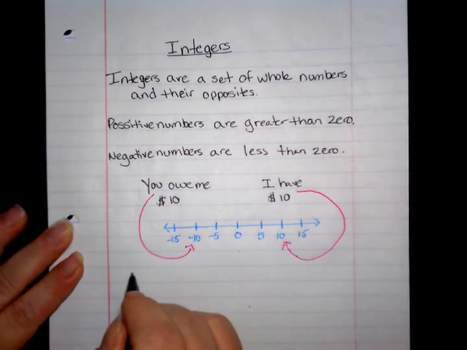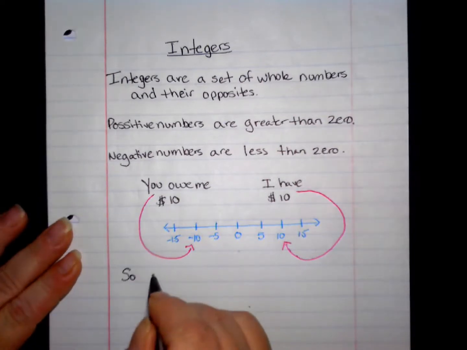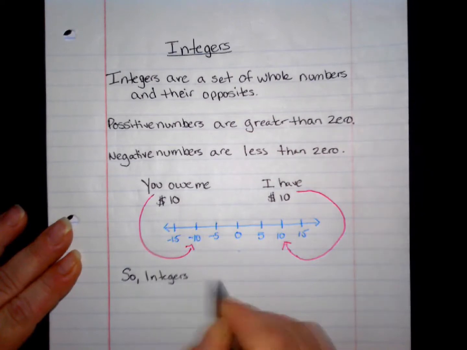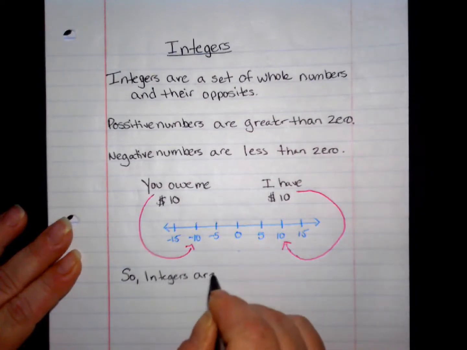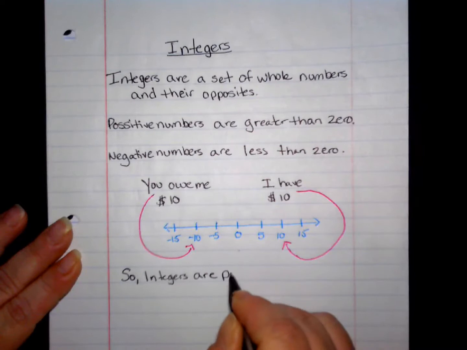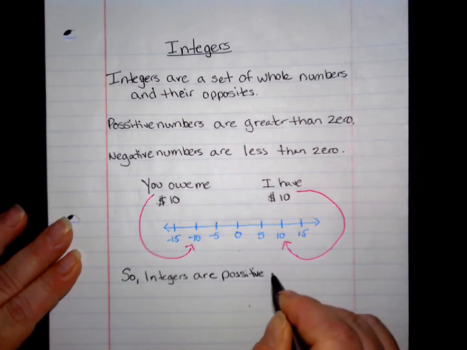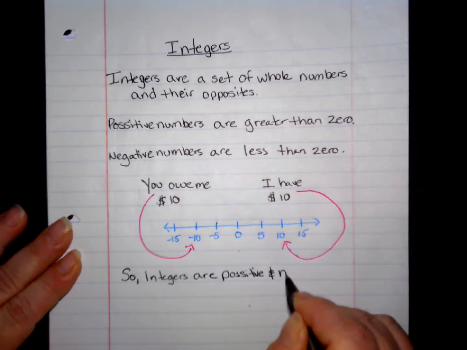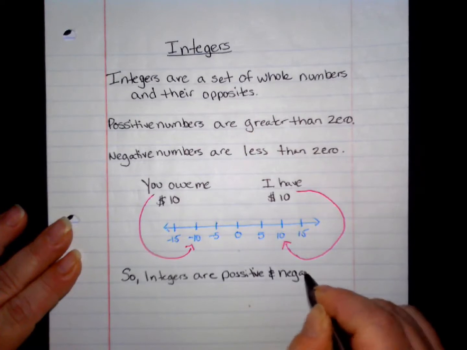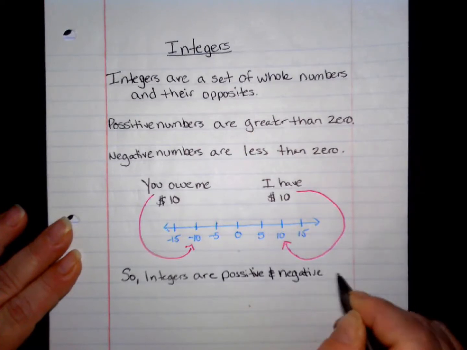So essentially, integers are positive and negative numbers.